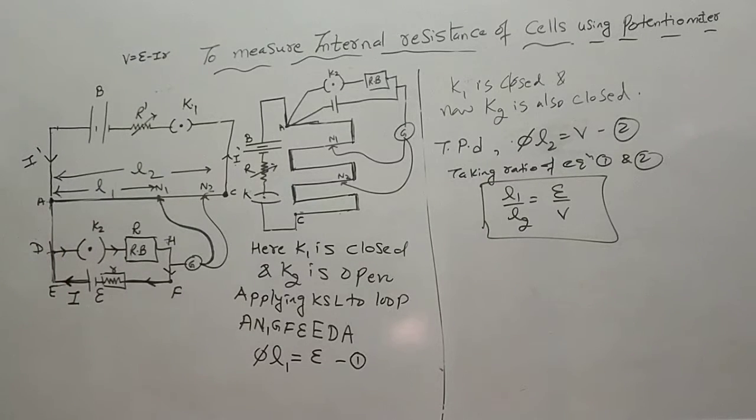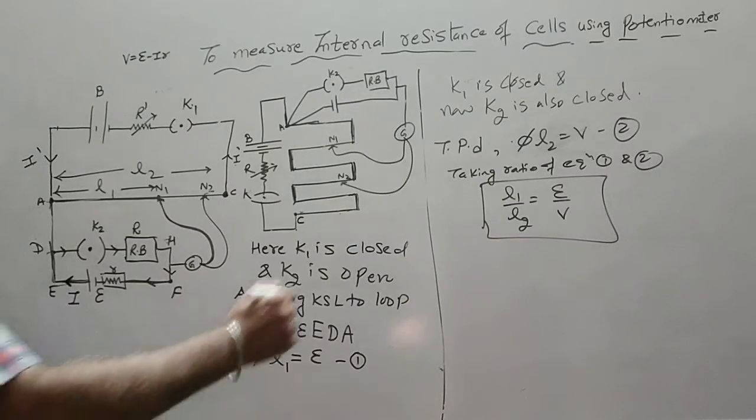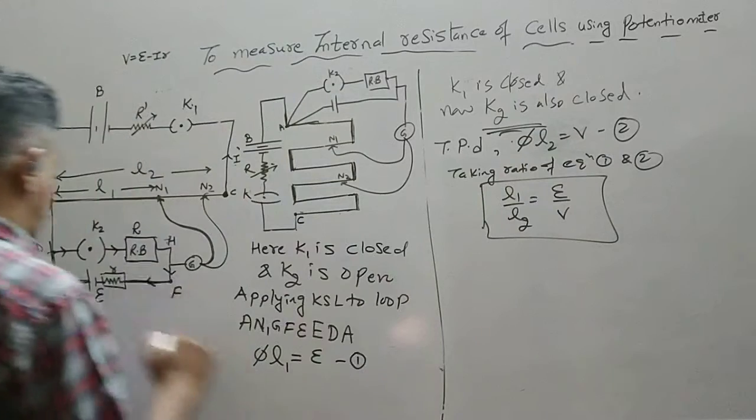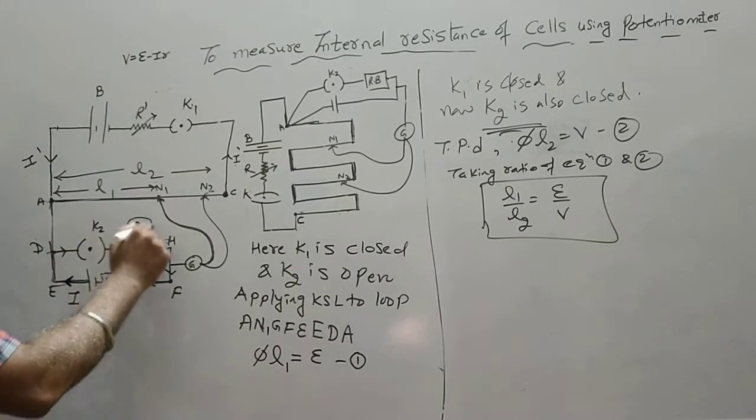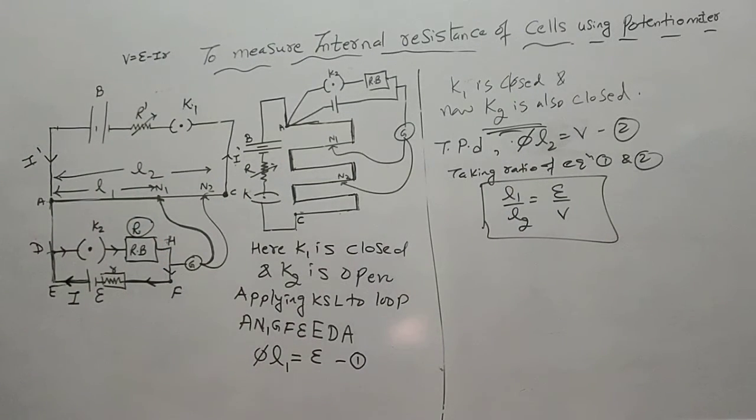When the key K2 is closed, the cell sends a current through the resistance box. So this is the condition you have to remember. When K2 is closed, this loop is completed and this is taken as R, the resistance.